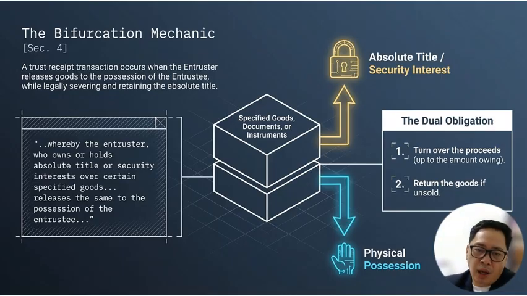So, outside of this decree, if a person is in the business of selling goods for profit, has general property rights against the buyer at the outset, and simply sells them on credit while retaining the title to secure the purchase price, this is considered an ordinary sale and falls entirely outside of the purview of the trust receipts law.